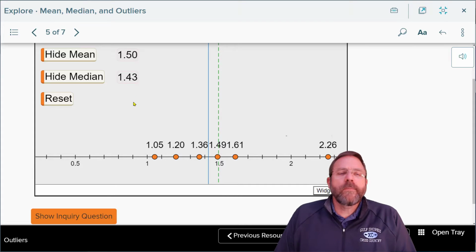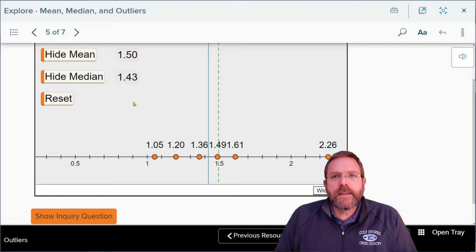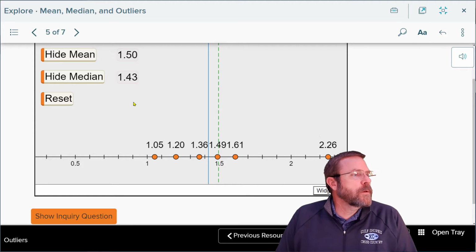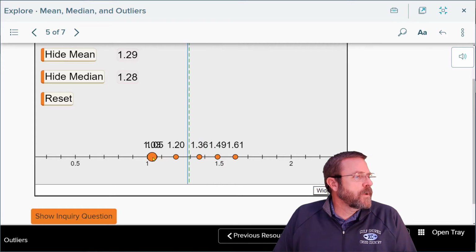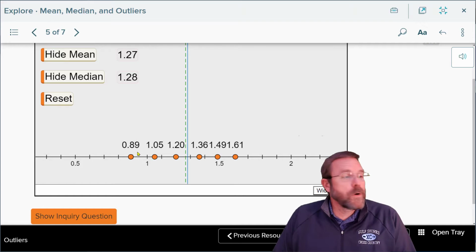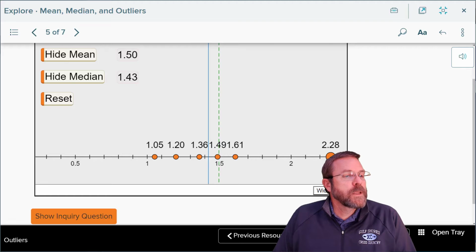So before, the mean and the median were only 1/10 of a point apart. Now they are 7/100. Was it 1/10? Let's go back to that first number we had. Reset. No, I'm sorry, they were 1/100 of a point apart. And then when we drag it over to the 2.26, now they're 7/100 of a point apart.